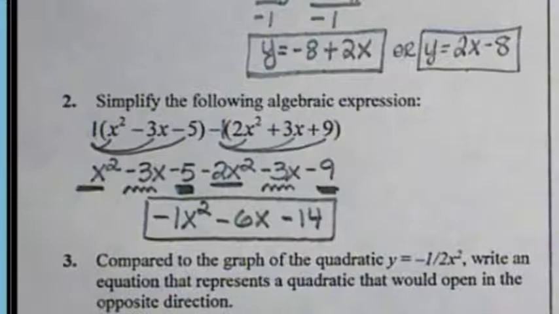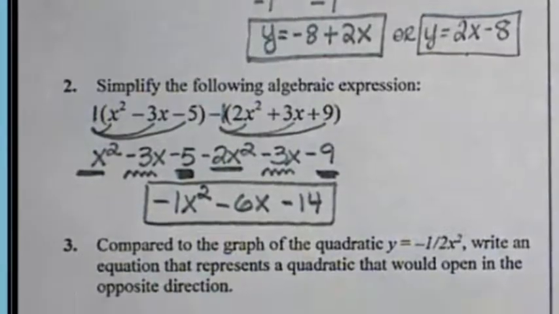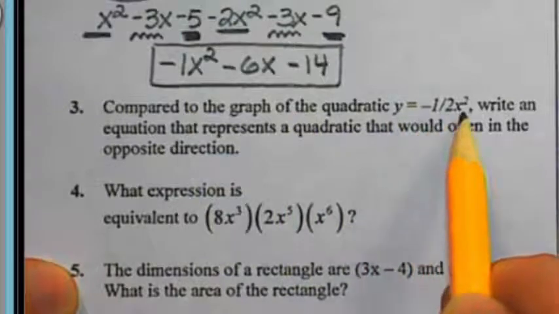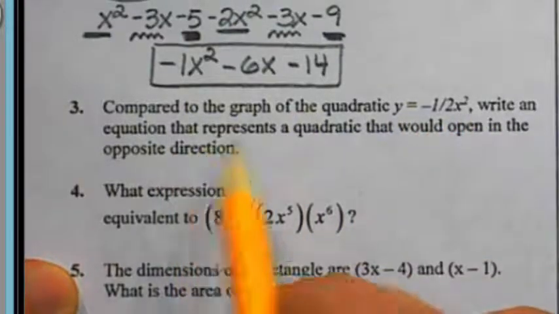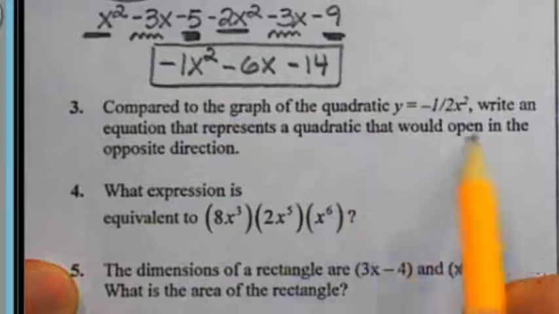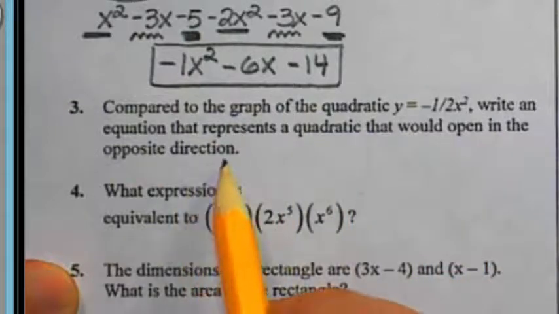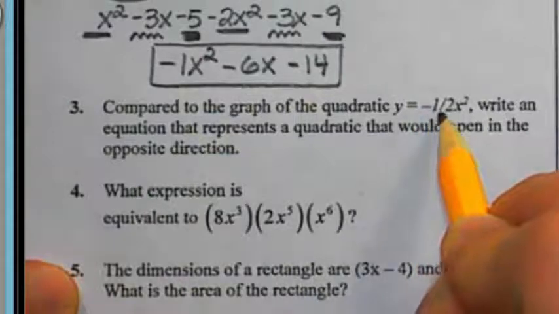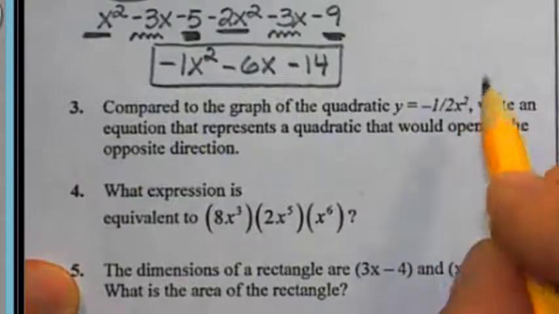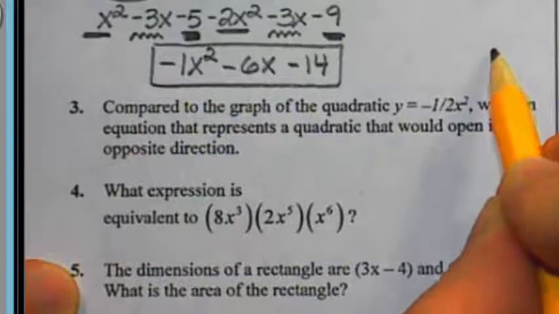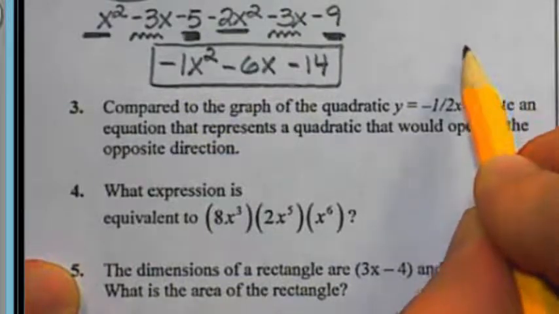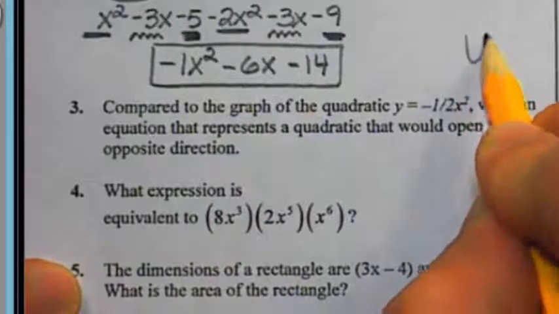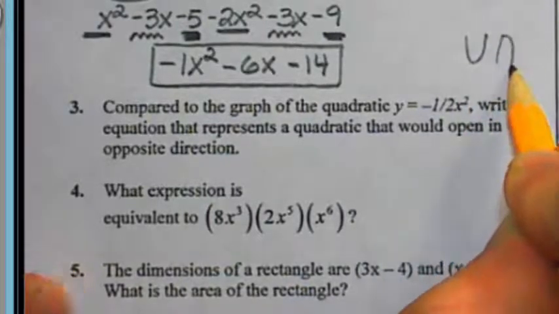Alright, next problem is question number 3. Compared to the graph of the quadratic y equals negative 1/2 x squared, write an equation that represents a quadratic that would open in an opposite direction. If you remember, we have y equals negative 1/2 x squared. This is a quadratic, so a quadratic is going to either look like a smiley face or a frown.